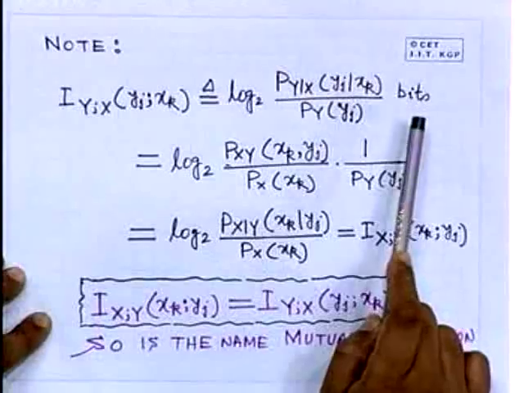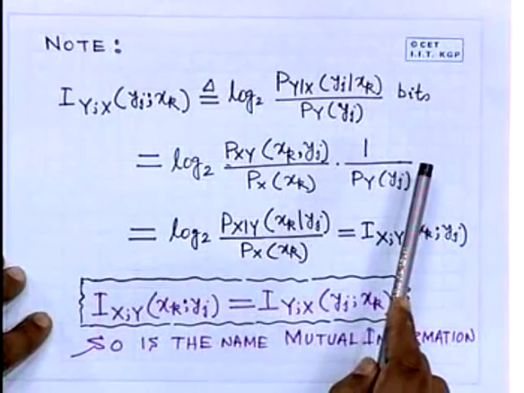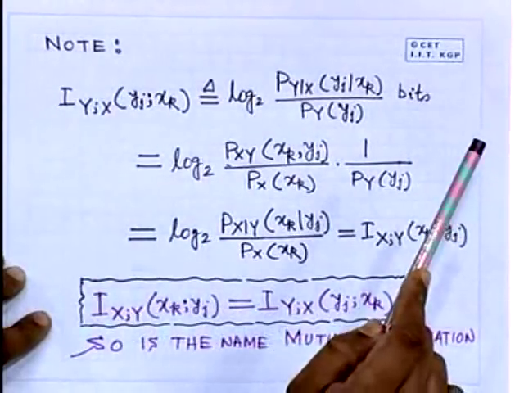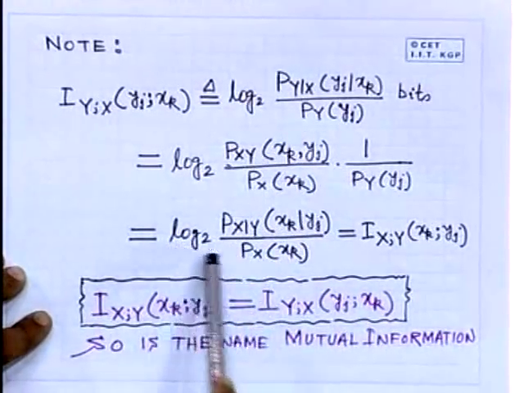It is interesting to see that mutual information written in a different order gives rise to the same mutual information we have been discussing so far. It is a very simple, straightforward derivation, and it is valid even when the two experiments are not statistically independent. They are dependent, and still it is valid.